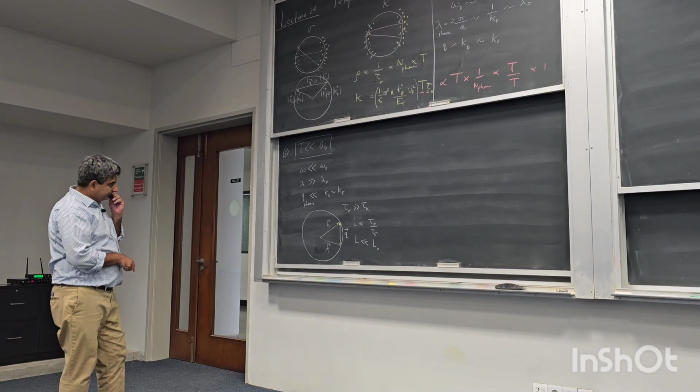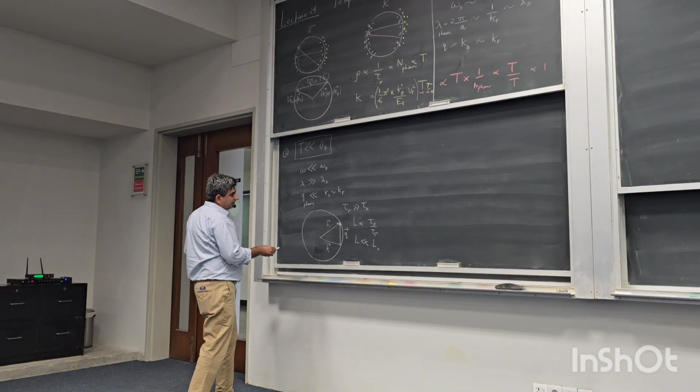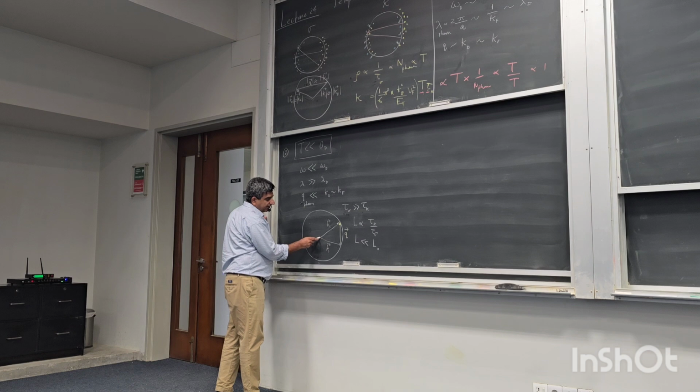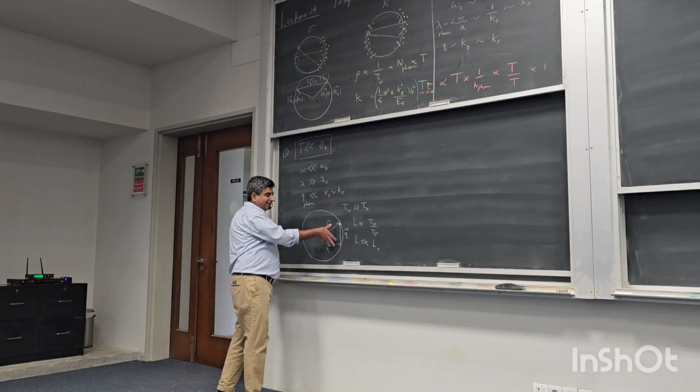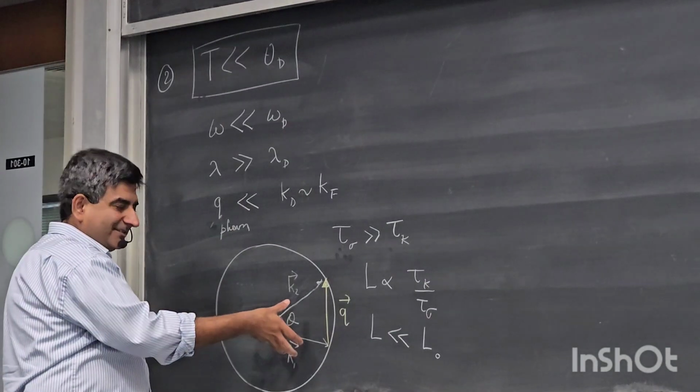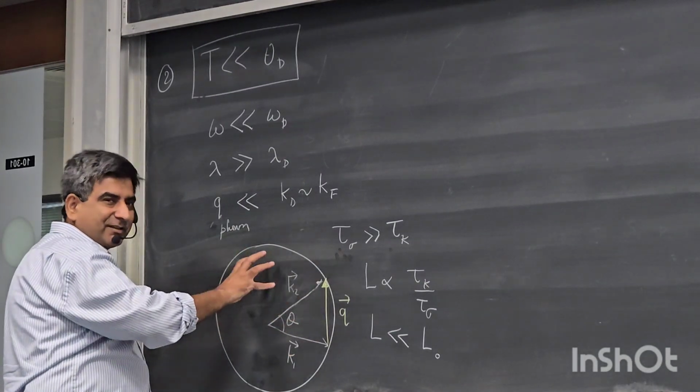And if I look at this, if this angle here is theta, I can actually calculate how efficient is a process in turning around this k vector from the right to the left side.